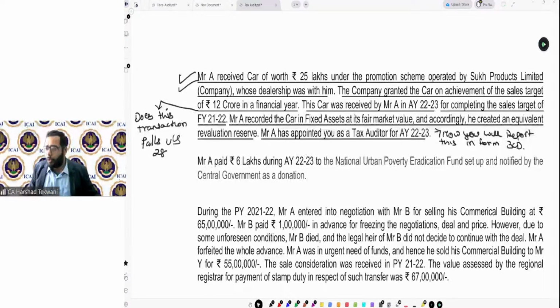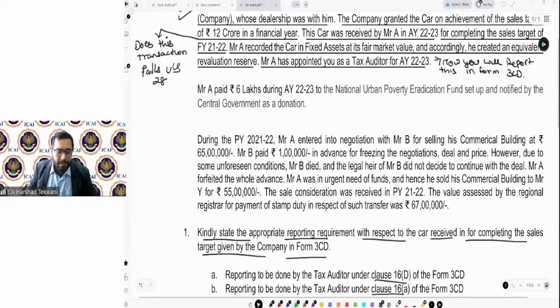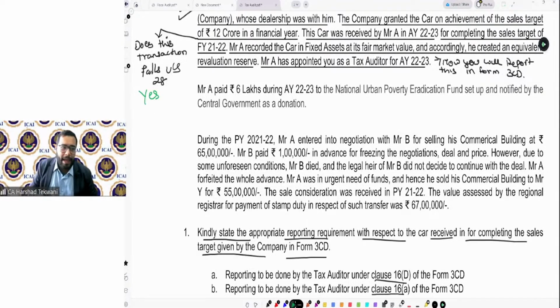Great. Okay. So yes, Namrata, Jay, Janvi, good. Whether this transaction falls under section 28, the answer is yes, it falls under section 28(iv). Section 28(iv) talks about the value of any benefit or perquisite, whether convertible into money or not, arising from business or the exercise of a profession, on which there is TDS under 194R.